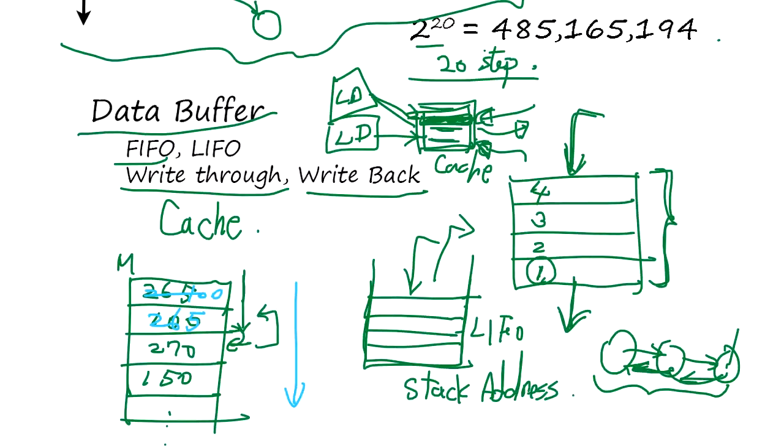It may not be finding this data. So what you do is, as soon as the new data is written into the cache, you write into the main database. Okay, that's called write through.